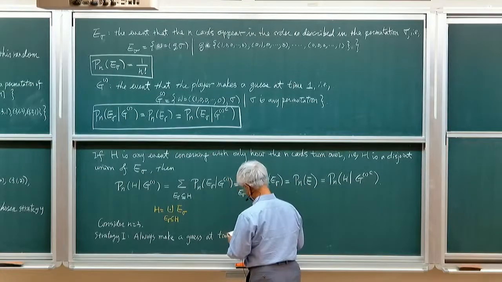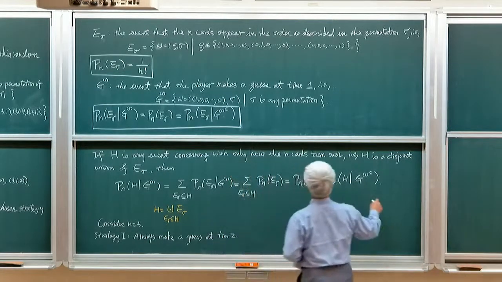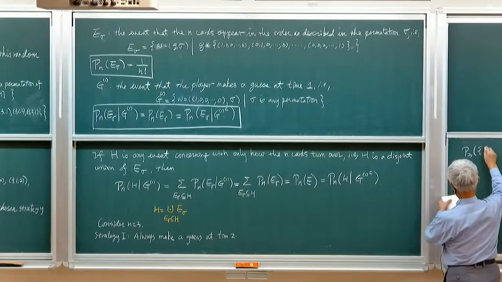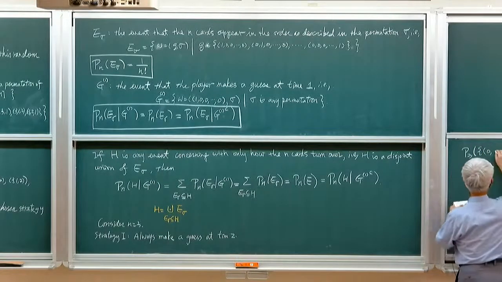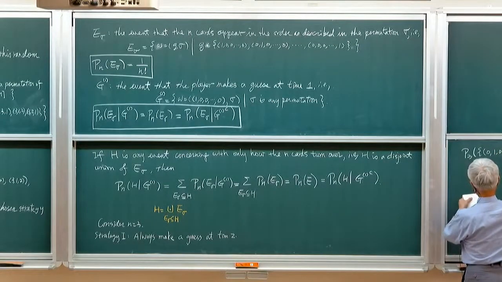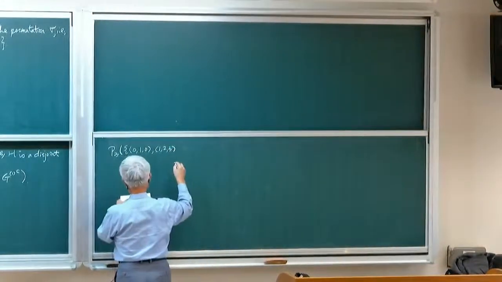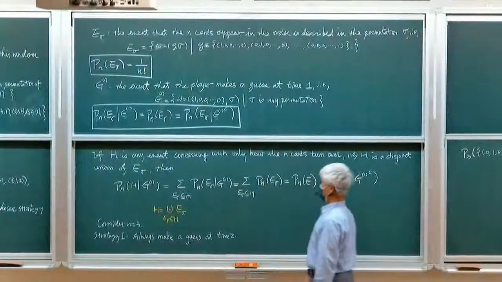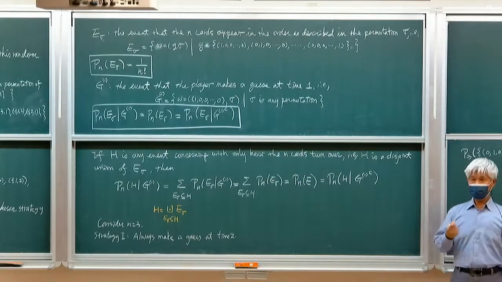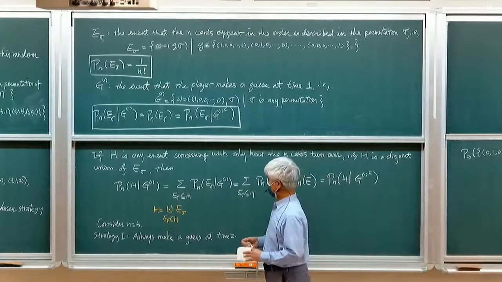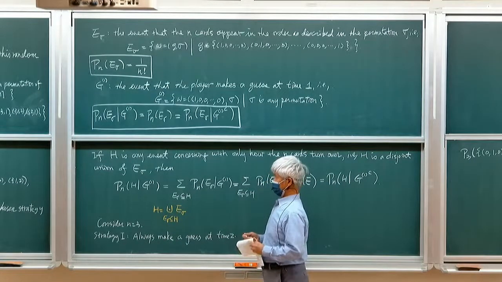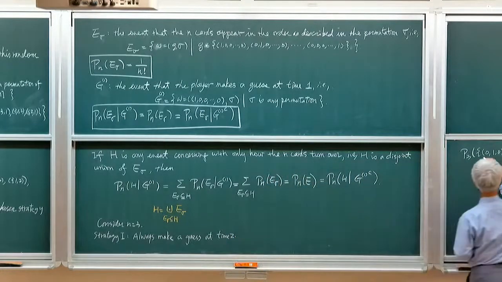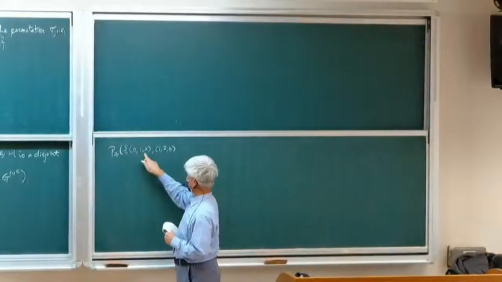Now, in this strategy, the possible outcomes, I mean the atomic events that have positive probability, would be those with the guess sequence equal to 0, 1, 0.